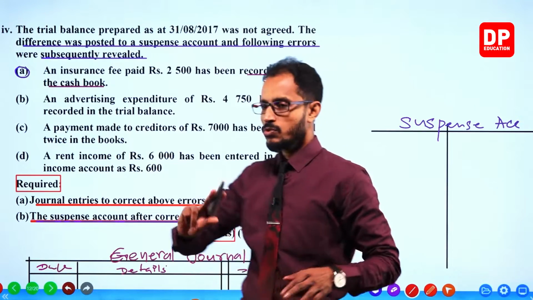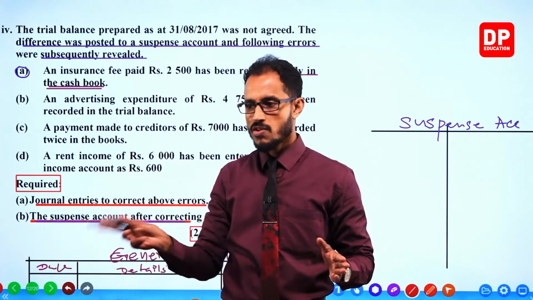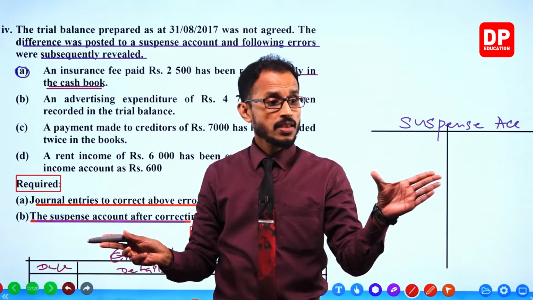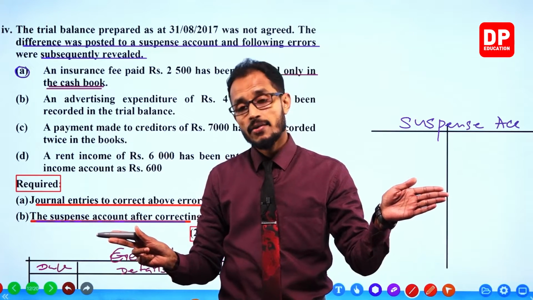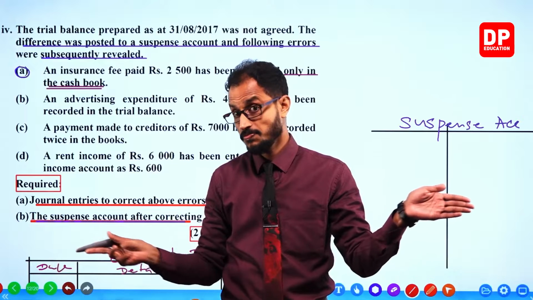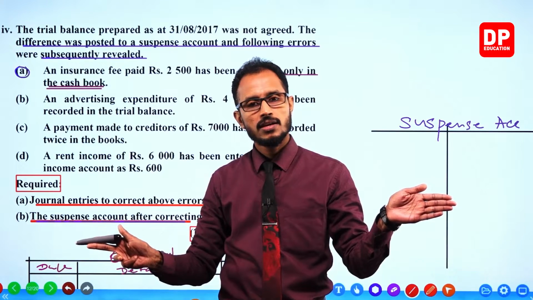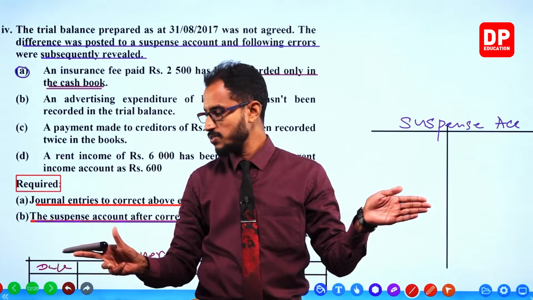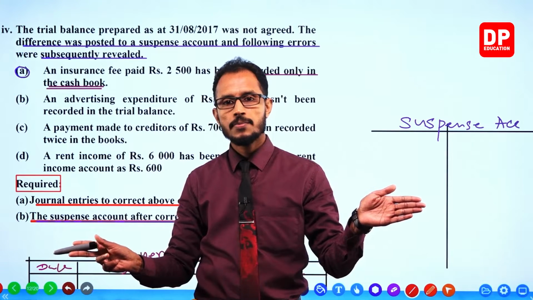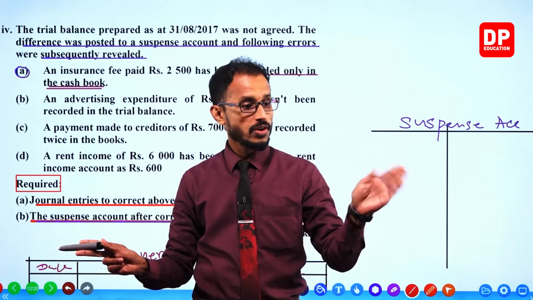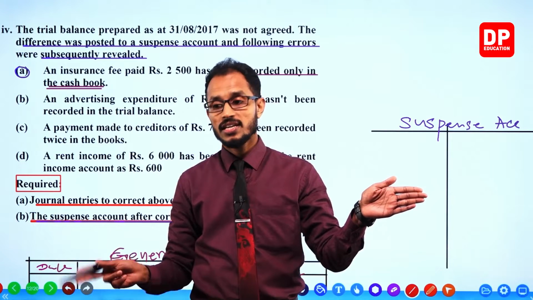So the cash book is credited, okay, it is done. The credit side is recorded. The debit side, the insurance account, is not recorded, which means this error affects the trial balance. There's a shortage on the debit side in the trial balance.